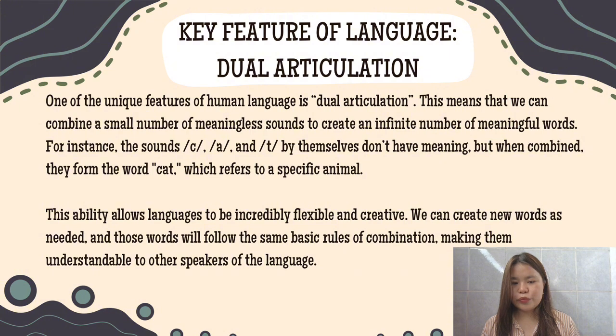This means that we can combine a small number of meaningless sounds to create an infinite number of meaningful words. For instance, the sounds C, A, and T by themselves don't have meaning, but when combined, they form the word cat, which refers to a specific animal.